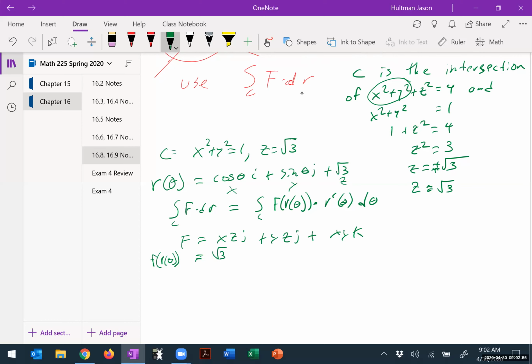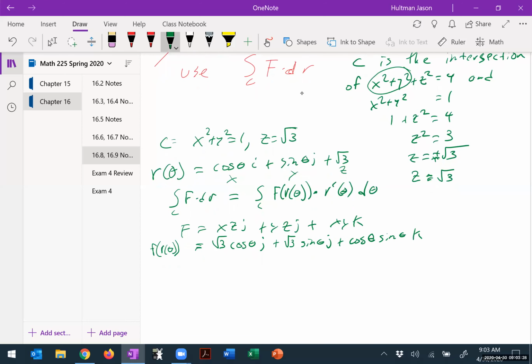So that's radical 3 cosine theta i, plus radical 3 sine theta j, plus, xy is going to be cosine theta sine theta k.